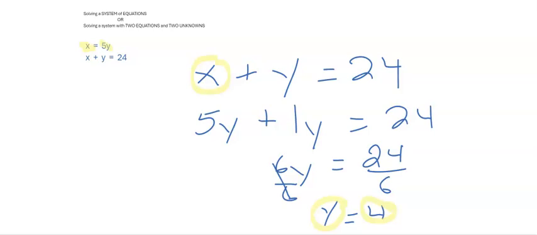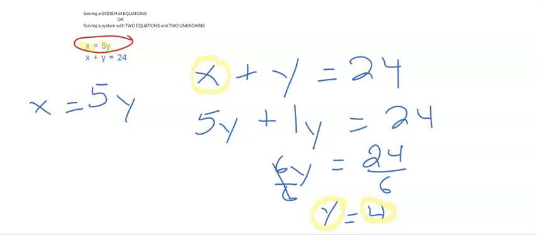So we want to go back to our original equation. Either one of the first ones will work. I'm going to use this first one, but the second one would have worked also. And I'm going to write it again. I'm going to write x is equal to 5 times y, and then I'm going to write it one more time.